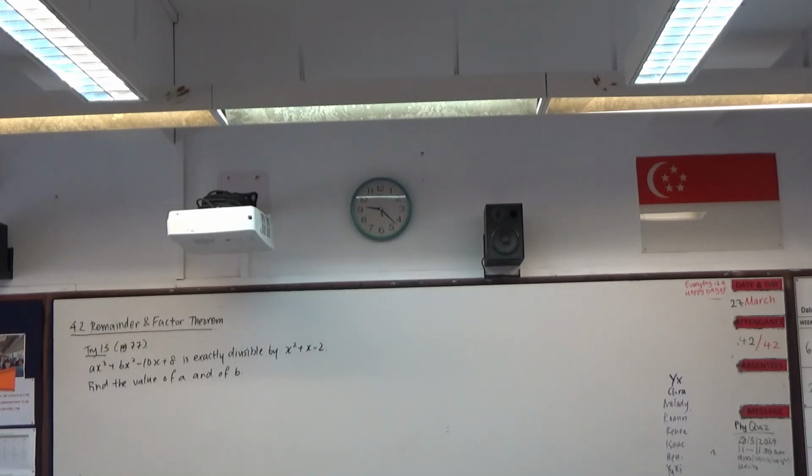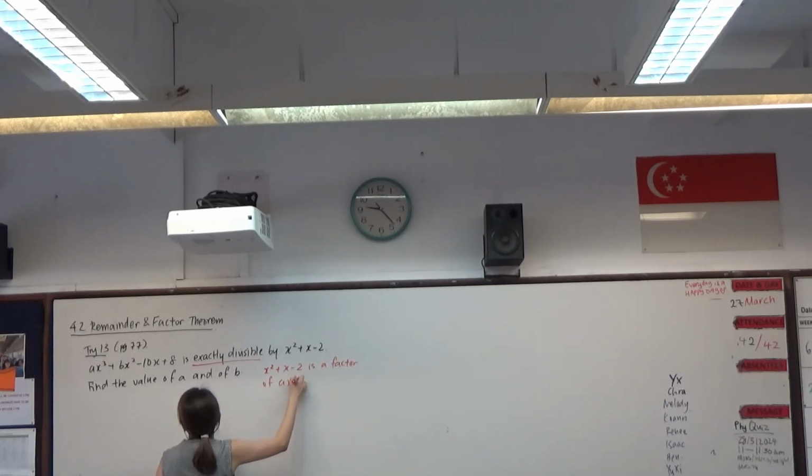The expression ax cubed plus bx squared minus 10x plus 8 is exactly divisible by x squared plus x minus 2. First of all, what does exactly divisible mean? It means that there's no remainder. It means that x squared plus x minus 2 is a factor. Factor of what?